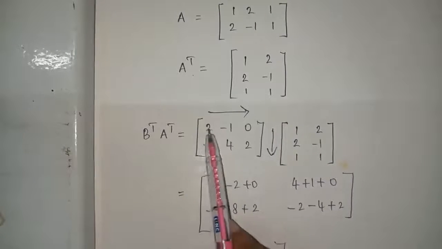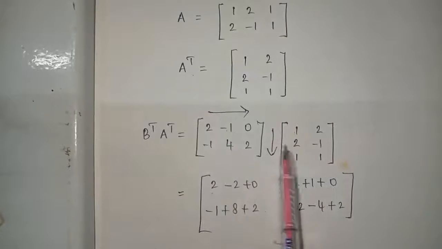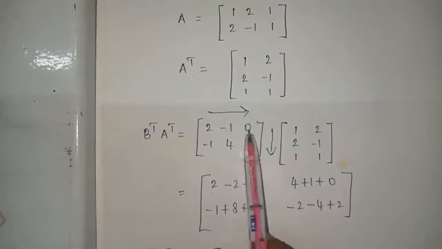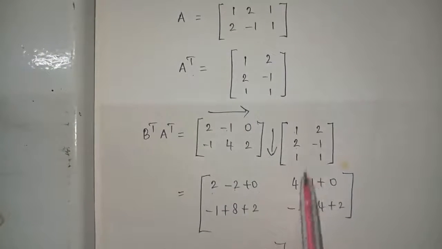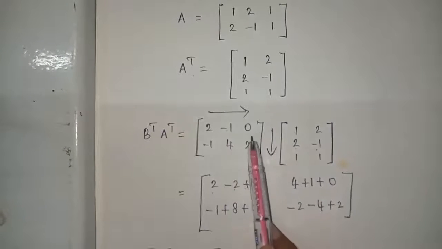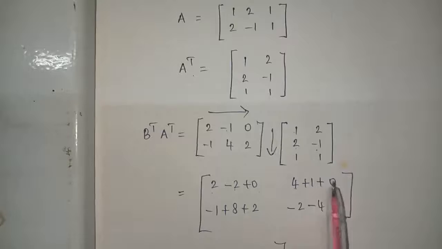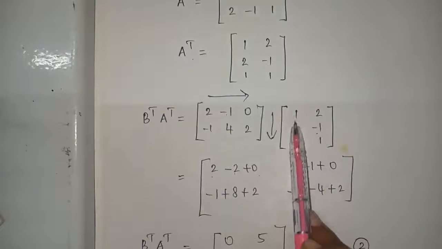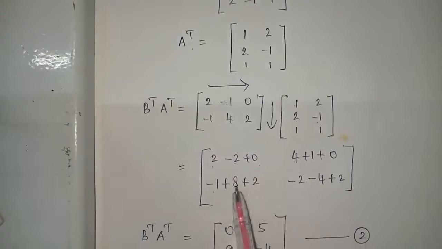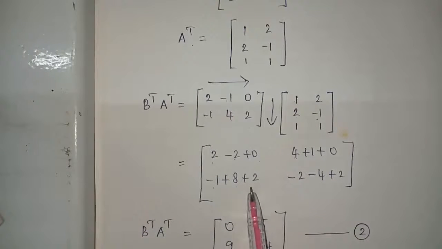First row, first column: 2 into 1 is 2, minus 1 into 2 is minus 2, 0 plus 1 is 0. Again first row, second column: 2 2s are 4, minus 1 into minus 1 is plus 1, and 0 plus 1 is 0. Then second row, first column: minus 1 into 1 is minus 1, 4 2s are 8, 2 into 1 is 2.